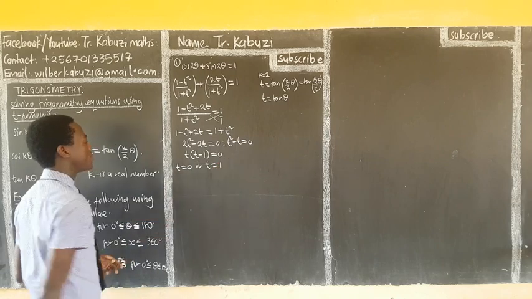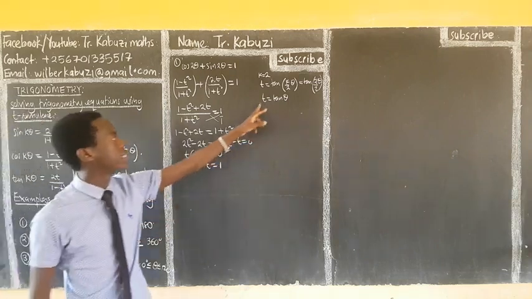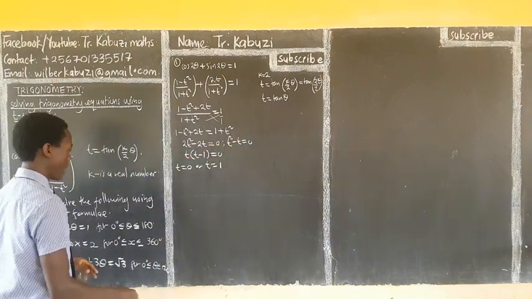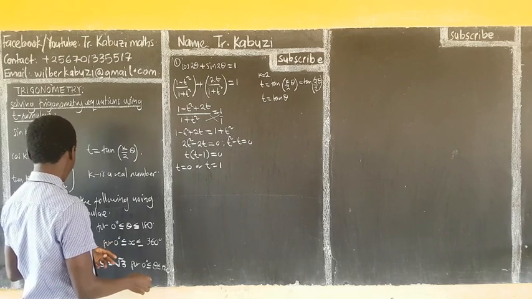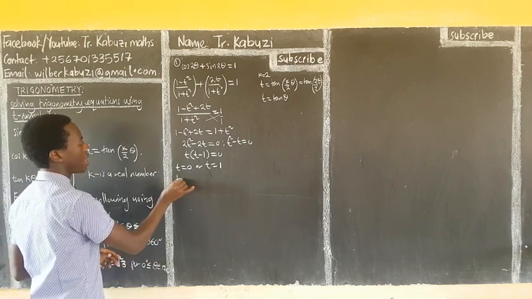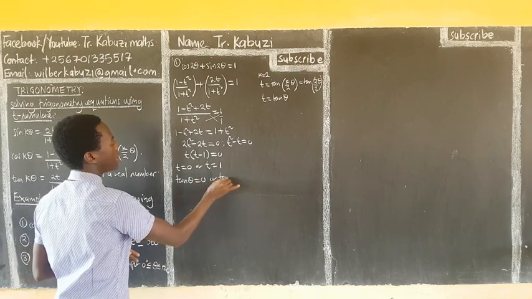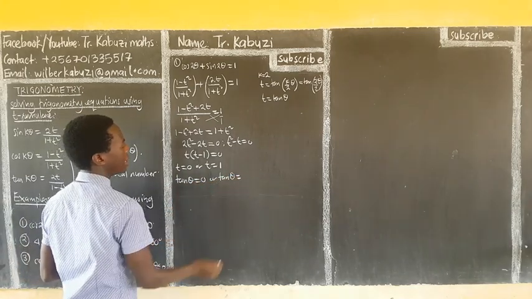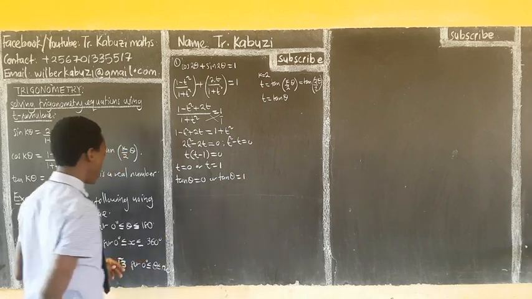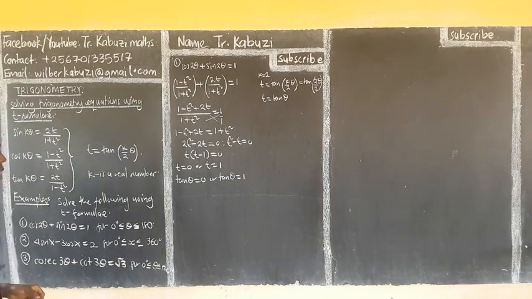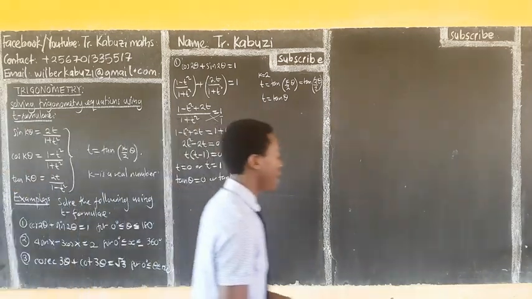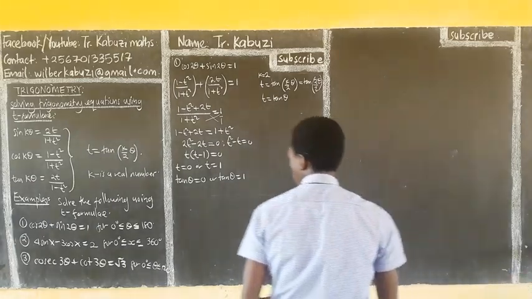But now, what was our T? Our T was tan theta. So tan theta is 0, or tan theta is 1. Now, allow me to change this range so that we can have a really good range.